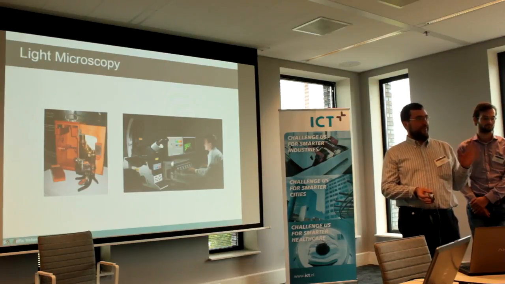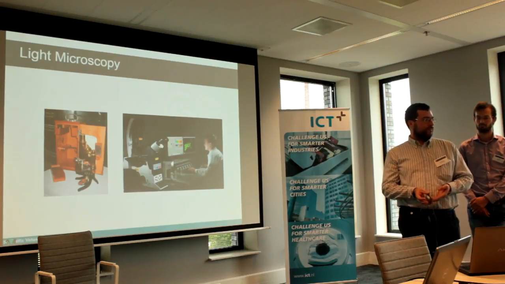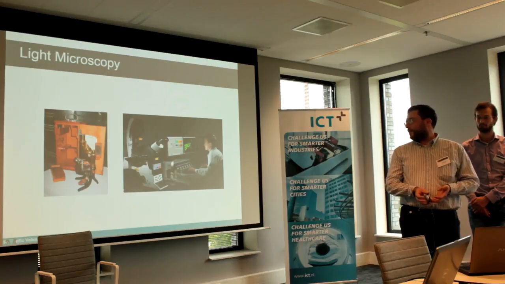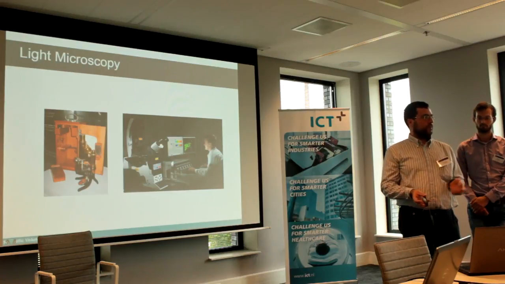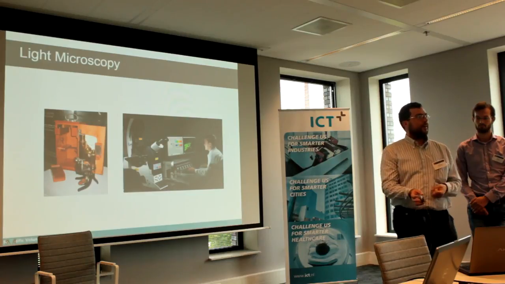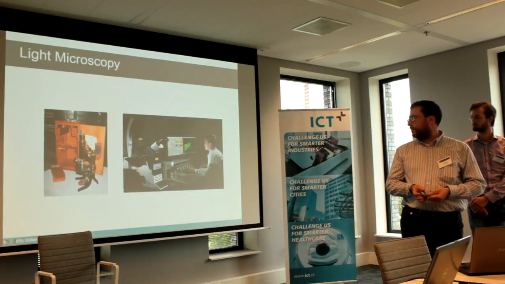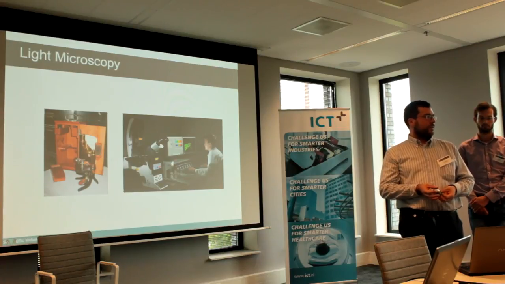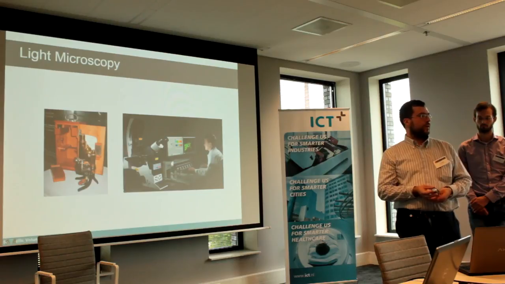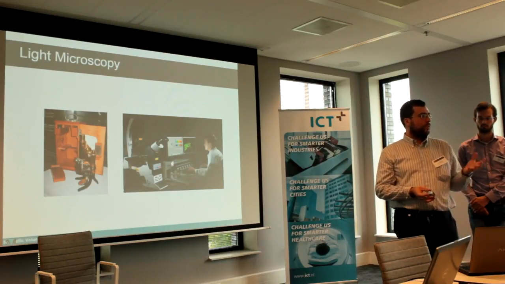Maybe noteworthy to say that quite a lot of the data that we work with is actually three-dimensional, and the software can both handle wide field images, so you are looking just like you would look through the eyepiece, but quite a lot is also acquired with a so-called confocal microscope, where the image is more or less acquired pixel by pixel.